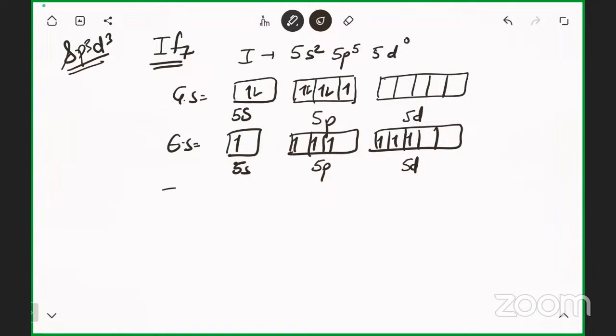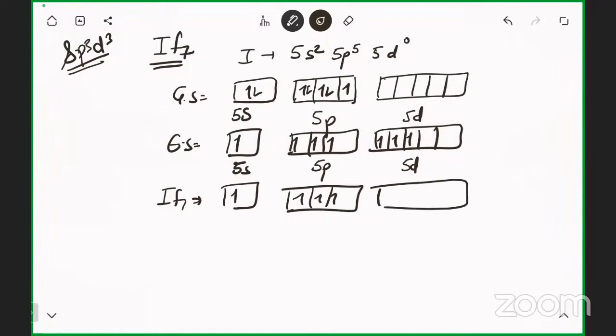So when I make IF7, I'll see 5d, 5p, 5s. For 1 electron of fluorine each, 1, 1, 1, 1, 1. Now the 7 orbitals are hybridized.